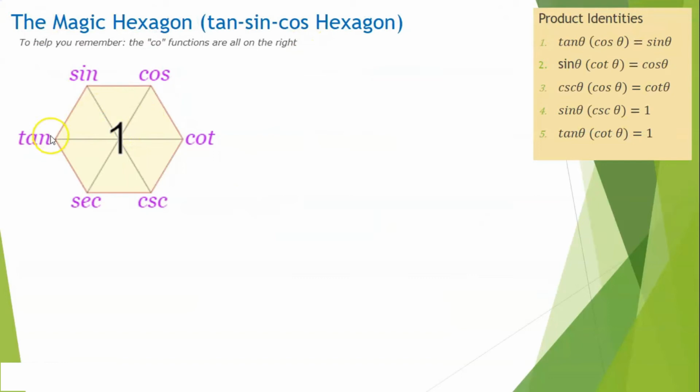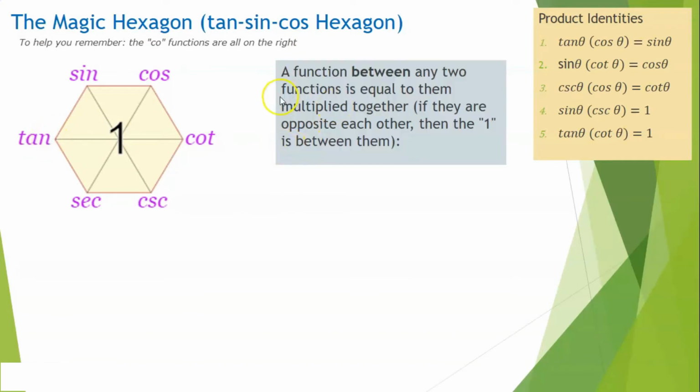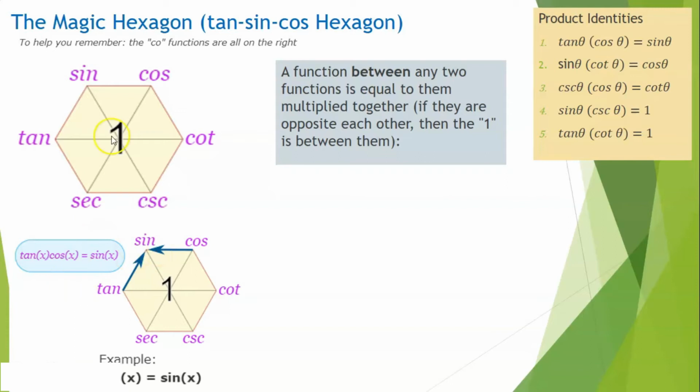So meaning, how to do this? A function between any two functions is equal to them multiplied together. So for example, tangent times cosine is equal to sine. Secant times sine is equal to tangent. Cosine times cosecant is equal to cotangent.